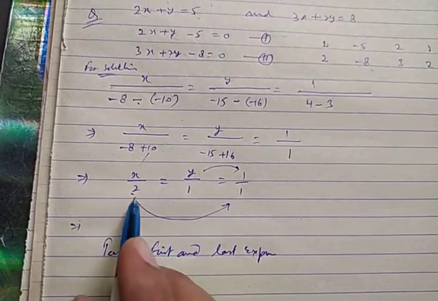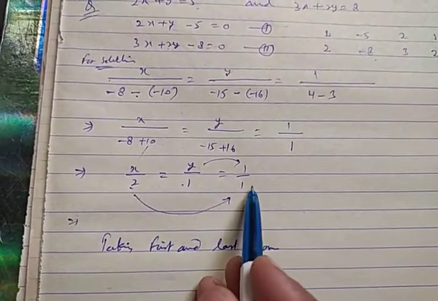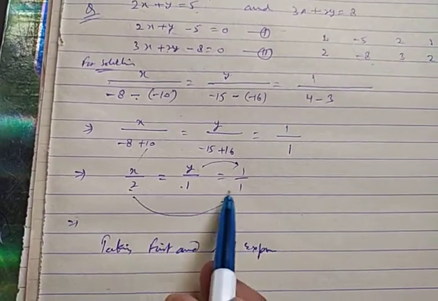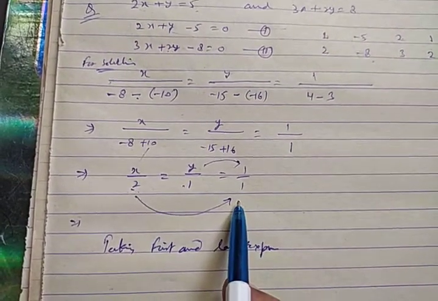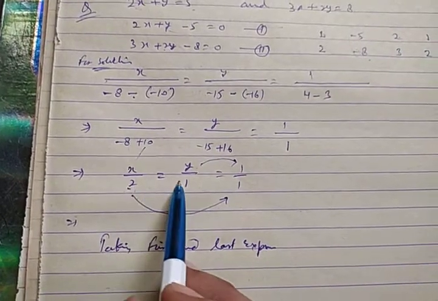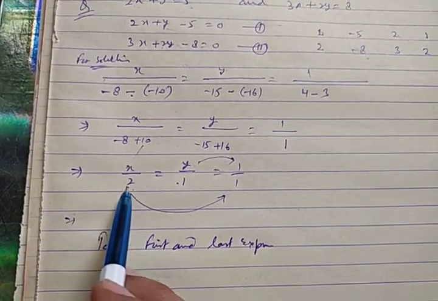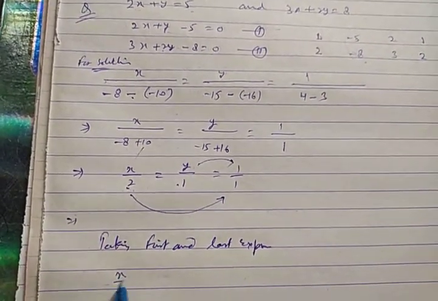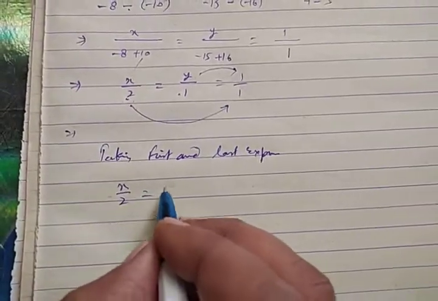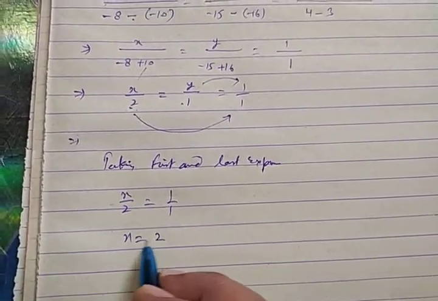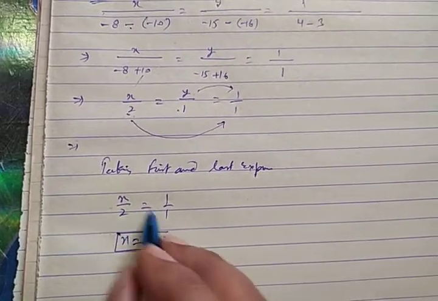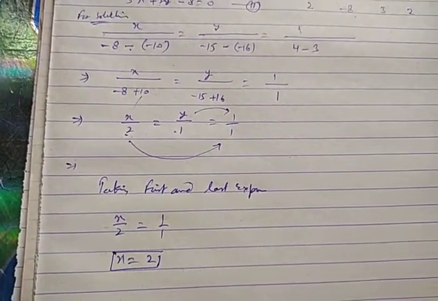Taking first and last, because these three are equal to each other, any two you can take. For getting the numerical value of x and y individually, I am taking this and this. X upon 2 is equal to 1 upon 1, that is x upon 2, x is equal to 2. Simply cross multiply and you will get 2.